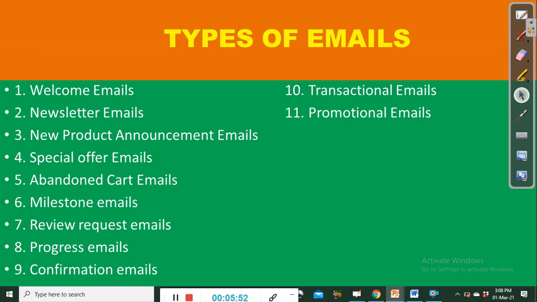Now, let's look at the various types of emails that an entrepreneur or a business is likely to send to their prospects, to their audience, to their readers, to their customers, both existing customers and prospective customers. Now, the first one is the welcome email.